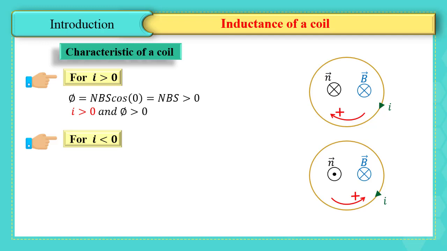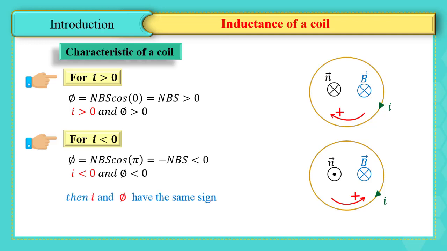So, the expression of the self-flux becomes NBS cosine pi, where cosine pi is negative, minus 1. So, the self-flux is equal to minus NBS, which is less than 0. That means, when i is less than 0, then the self-flux is also less than 0. So, i and the self-flux always have the same sign.